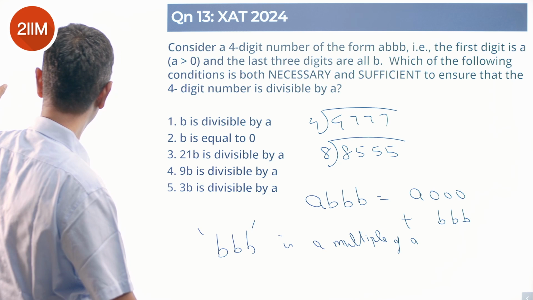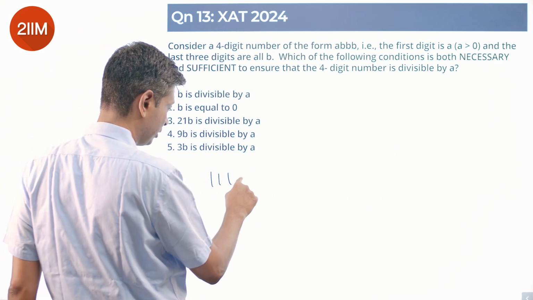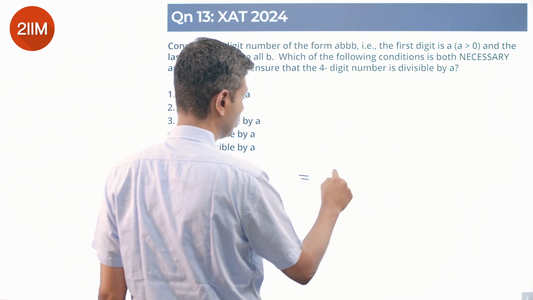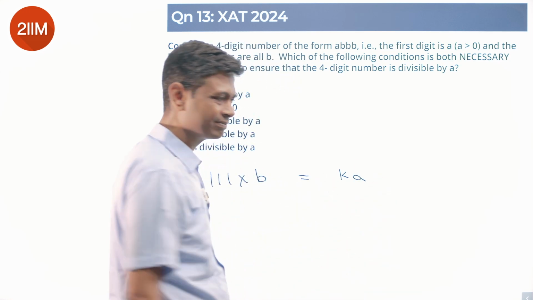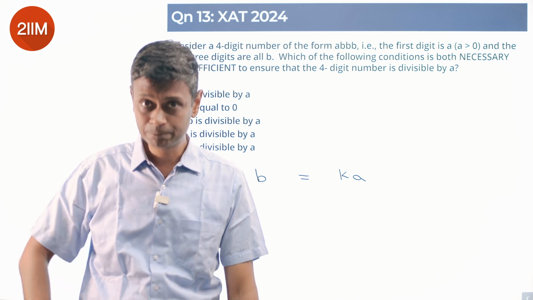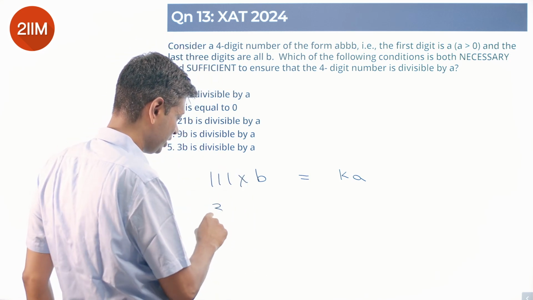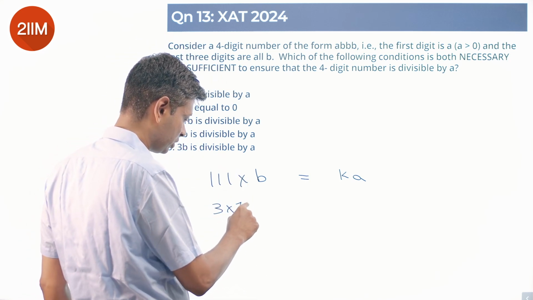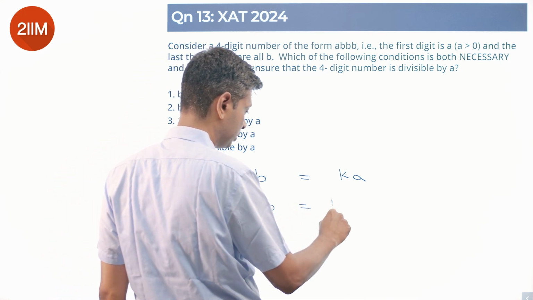Triple B as a 3-digit number is 111 times B, equal to K times A. The multiple of A. That's what this question is saying. 111 is 3 into 37, into B is a multiple of A.